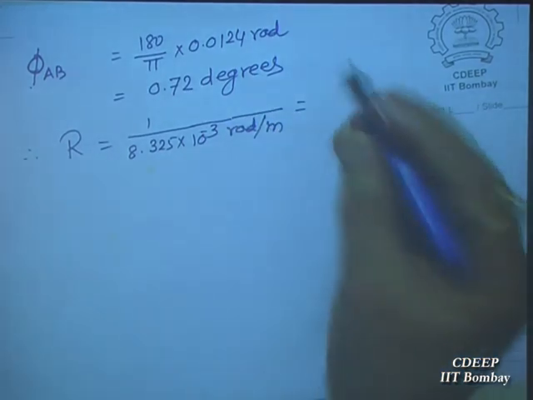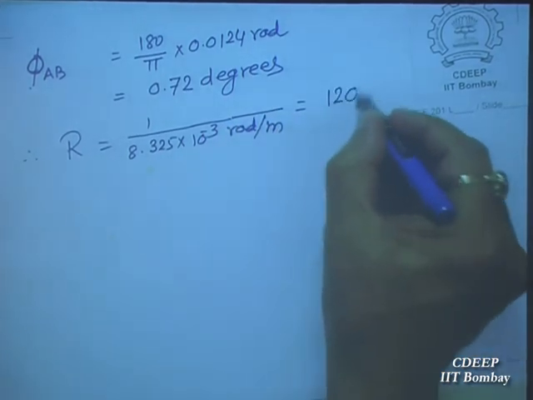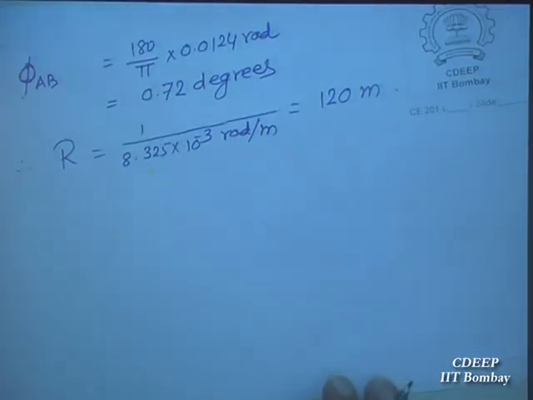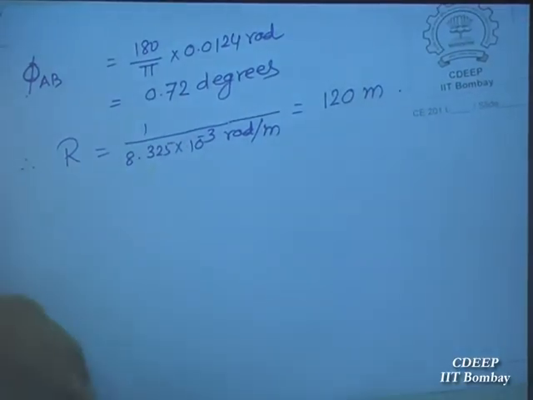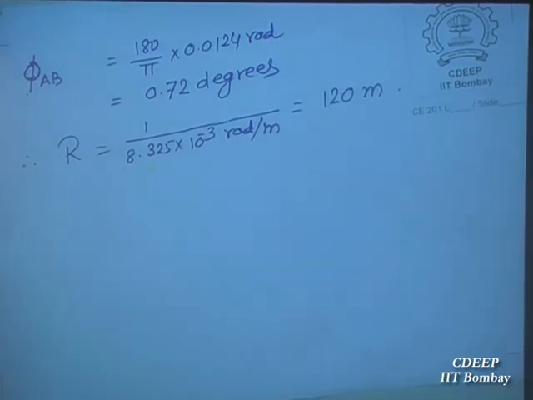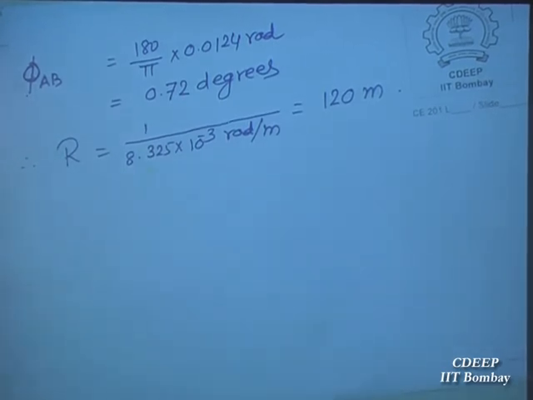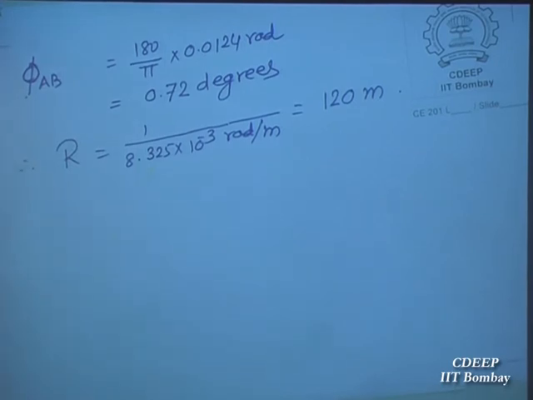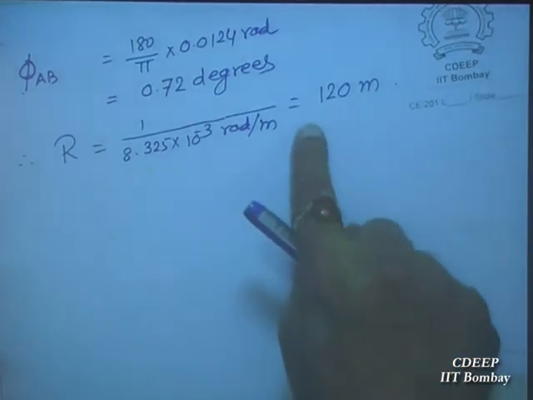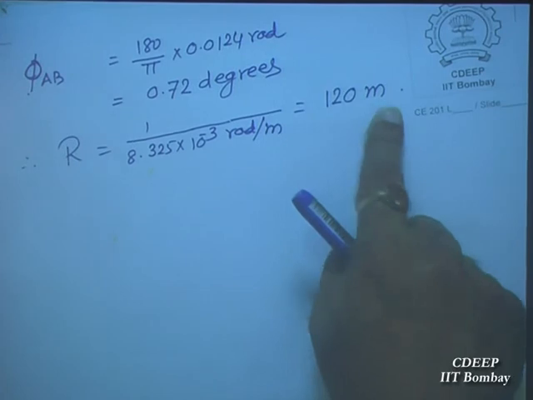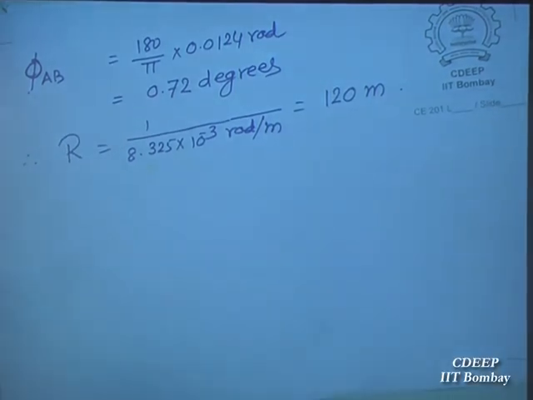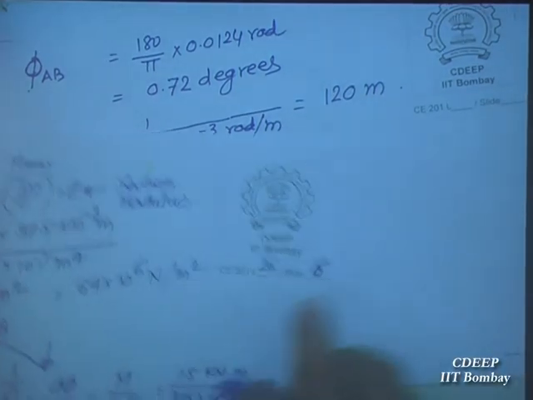So R is 120 meters. So it is possible to find out all the geometrical quantities, but you have to go systematically. So this radius is 120 meter, under which this beam has bent.